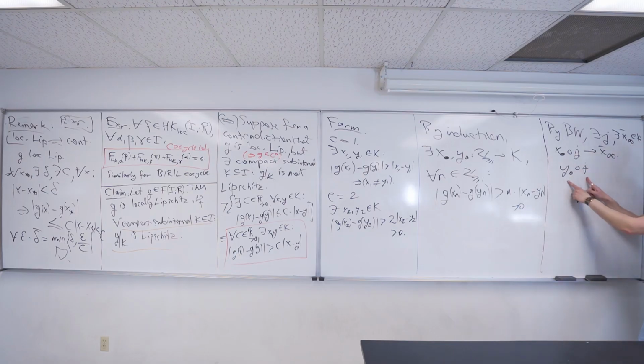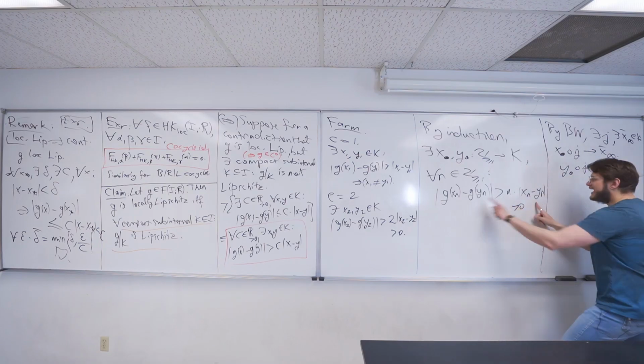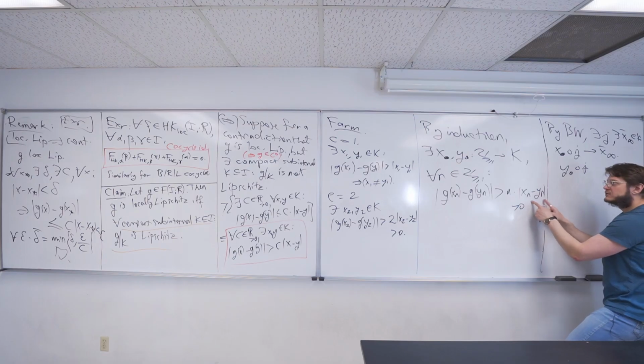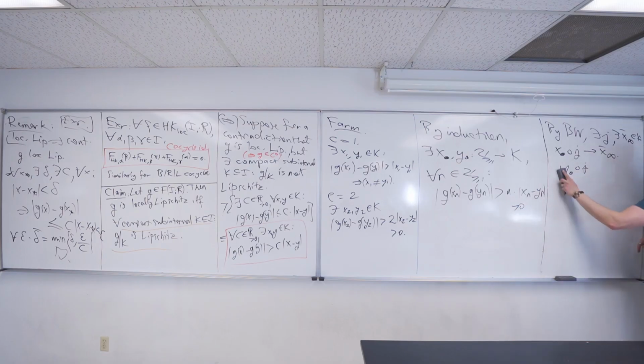Applying Bolzano-Weierstrass to this specific subsequence of the other sequence, I need to synchronize the times. Because you see, I can only compare x bullet and y bullet at the same time. So that's sort of a trick.